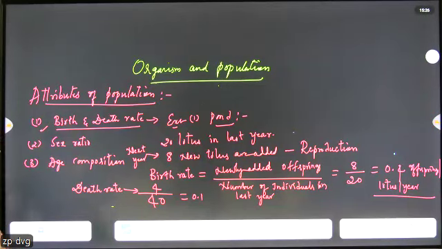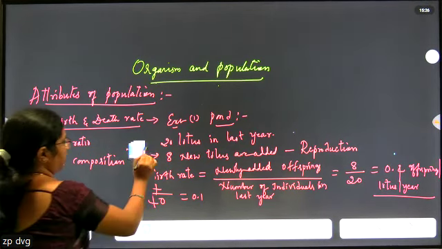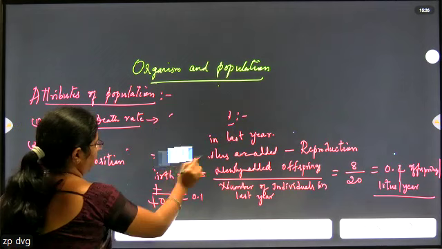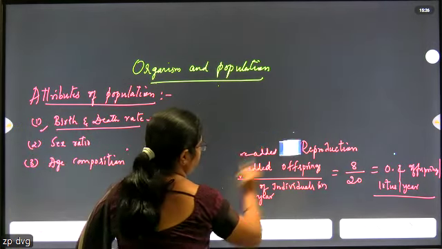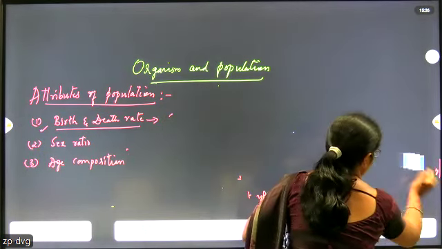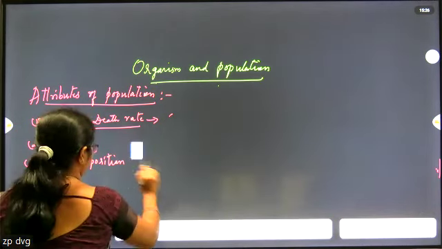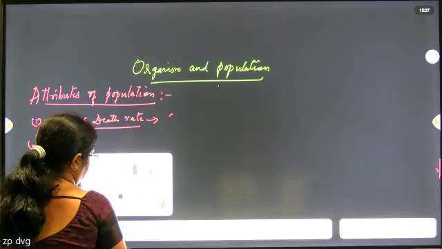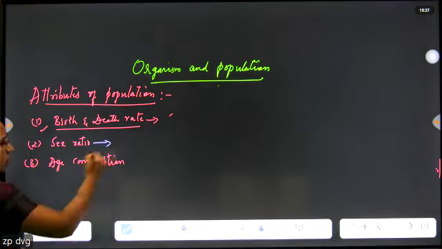So this is the first thing, birth rate as well as death rate. Next we can go with the second attribute, that is sex ratio. Every population has different categories of individuals, which we can explain by using the sex of individuals.